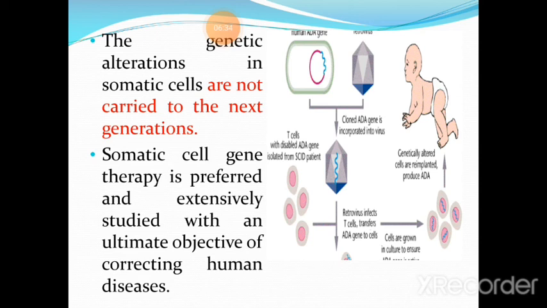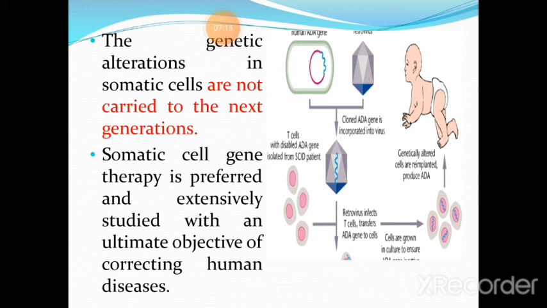T cells are a type of immune cells, and these defective T cells will have a disabled ADA gene in them. So these T cells with disabled ADA gene are isolated from SCID patient, and you can give them viral vector which is cloned with normal ADA gene, so that when retrovirus infects these T cells, it transfers the normal ADA gene into these cells.